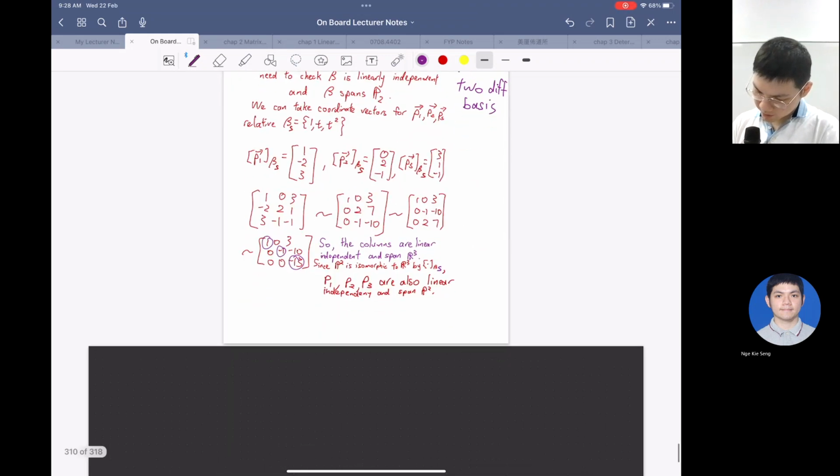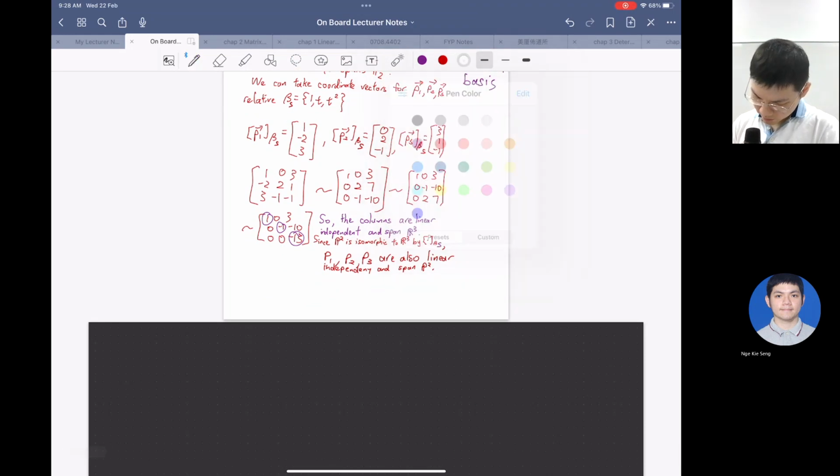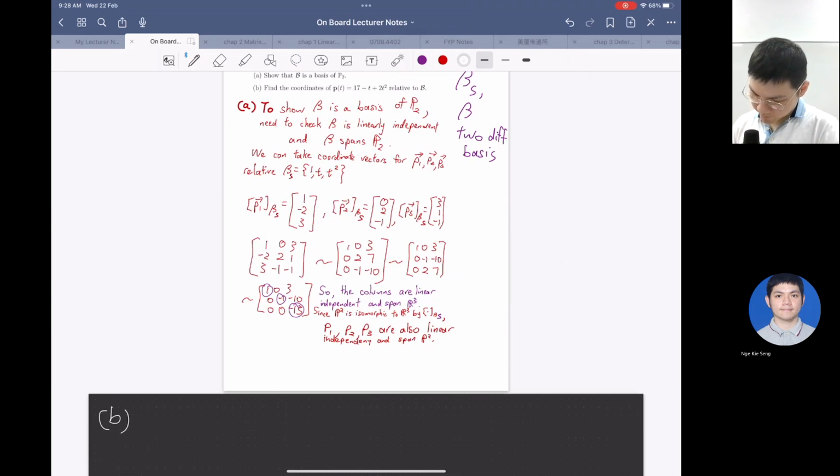So let's find B. Find the coordinate for PT. So I want to find PT with respect to B. So PT is 17 minus T 2T squared.